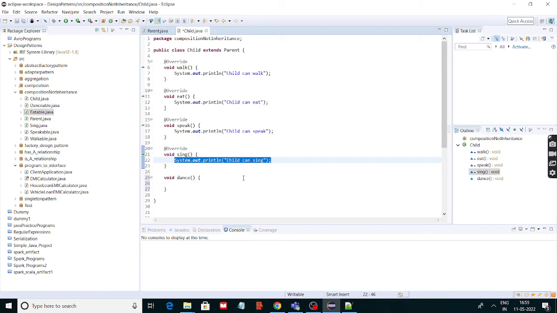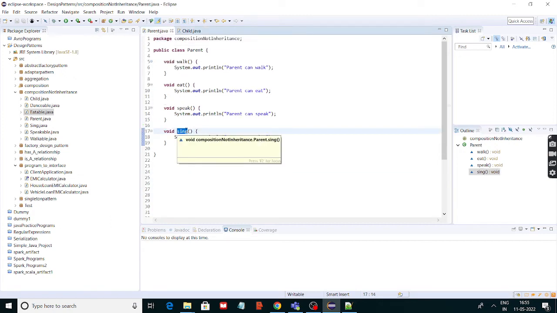Okay, now let's paste this. Okay, the child can dance. Because the child is interested in dancing, he learned the dance. So does it mean that the parent also should learn dancing? Definitely no.